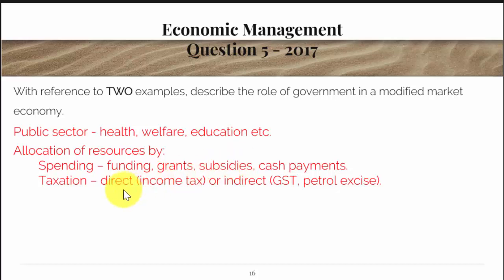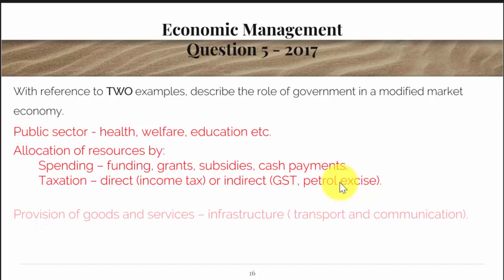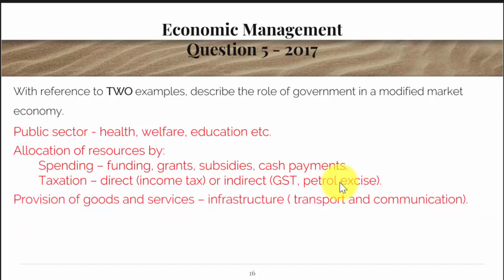And on the taxation side, they can tax people in terms of direct tax, like income tax on your income, or they can do it indirectly via GST or the petrol excise. They obviously also provide goods and services like infrastructure, transport and communication.